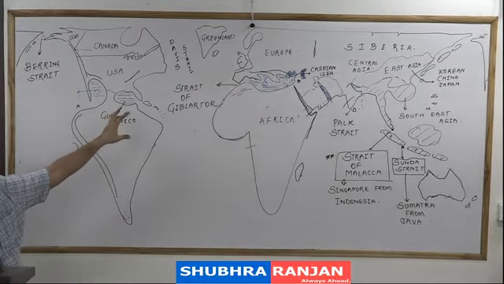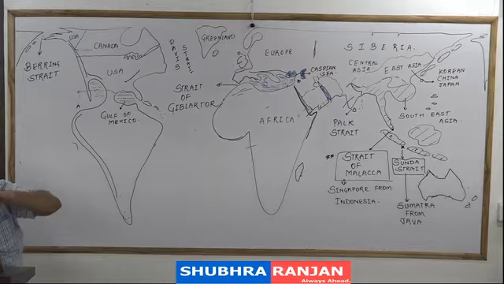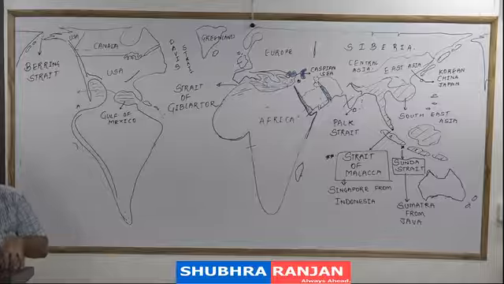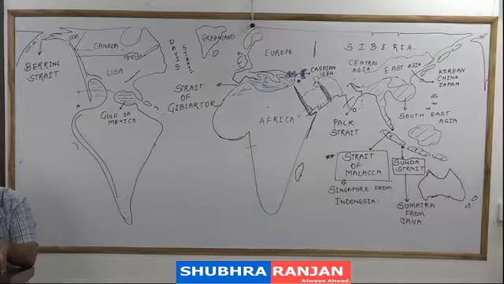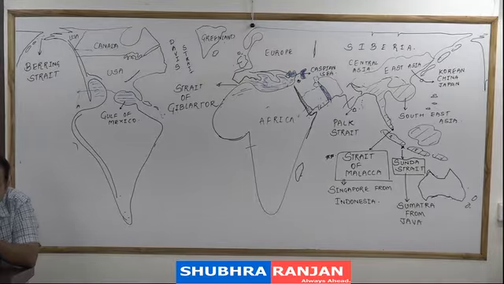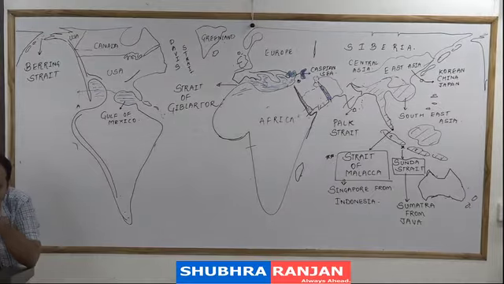The Davis Strait. After that you come to Great Britain, and from Great Britain you will swim like Savarkar through which channel? Through the English Channel. And after coming to France and Spain, you will then go to Africa through which strait? Through the Strait of Gibraltar. Then you see Africa and you have a choice of going to Asia, and you will cross the Strait of Bab el Mandeb.